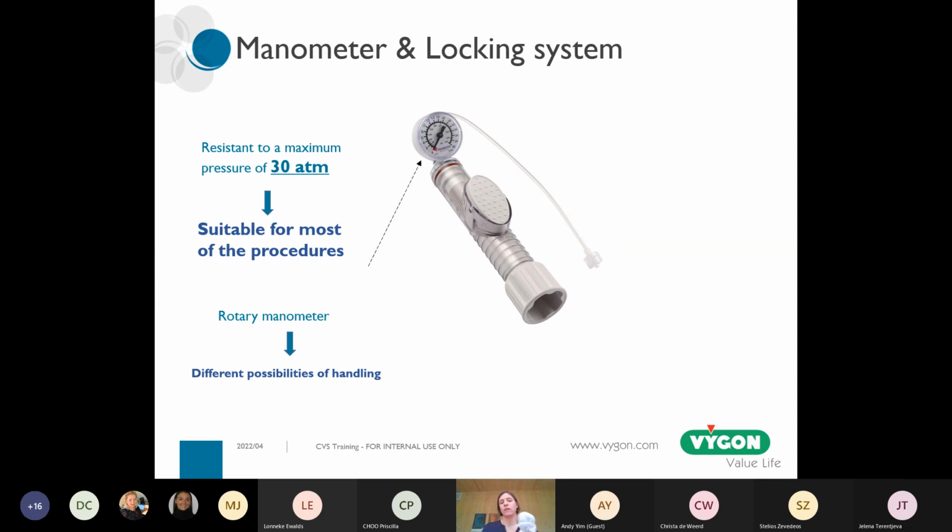For example, you can use it like this, or like this with the two hands. If you prefer the right hand or the left hand, you can use it like this. You have a manual locking system. It is intuitive and quick.